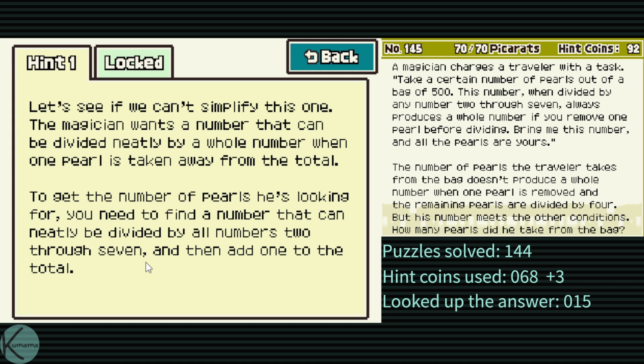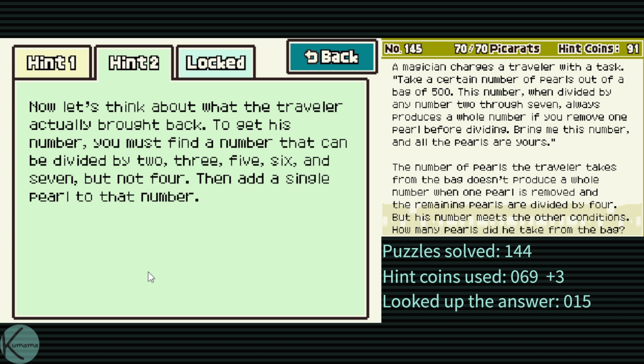Okay, let's see if we can't simplify this one. The magician wants a number that can be divided neatly by a whole number when one pearl is taken away from the total. To get the number of pearls he's looking for, you need to find a number that can neatly be divided by all numbers 2 through 7 and then add 1 to the total. Now let's think about what the traveler actually brought back.